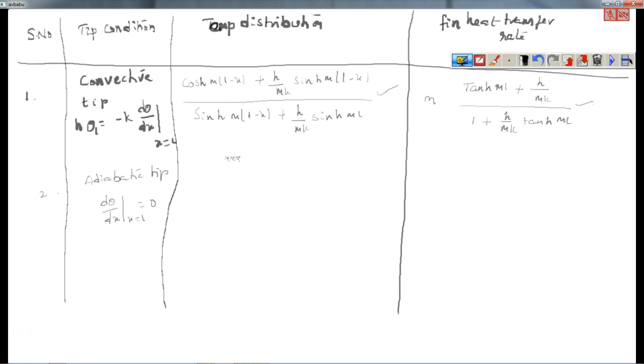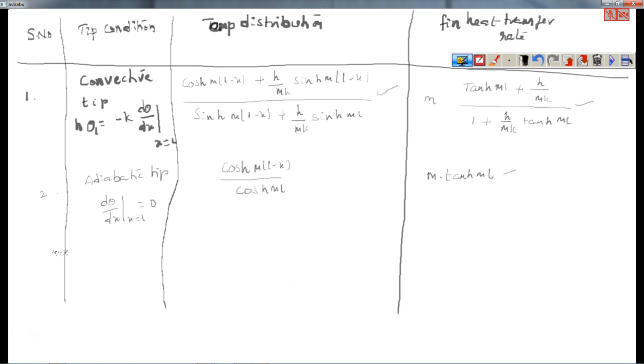In that case, the temperature distribution is nothing but cosh m(L minus x) divided by cosh ml, and here the heat transfer rate is defined as m into tanh ml. Okay, this we have derived.